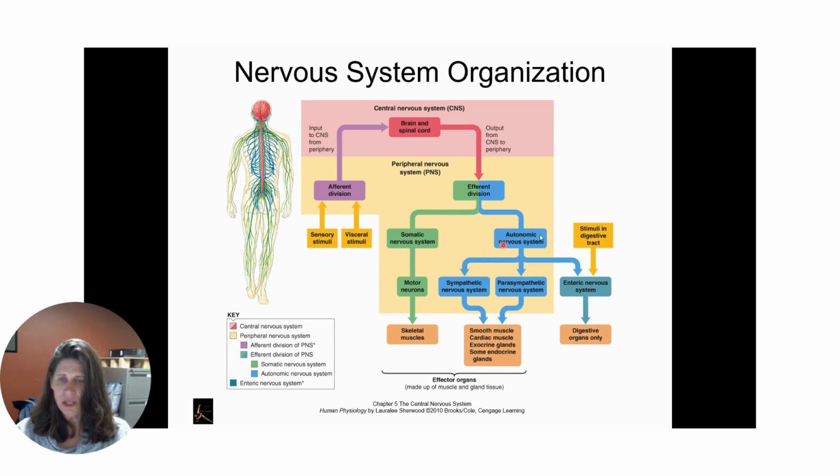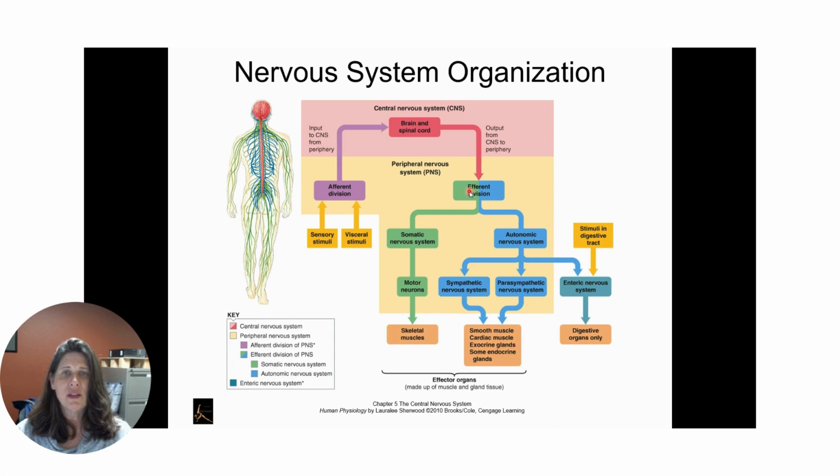So again, just real quick in summary, we've got our central nervous system, which is the brain and the spinal cord. These are the integrators. It receives information via the afferent division, which is our sensory nerves. And we're going to learn in the next video about receptors that stimulate those sensory nerves. The brain and the spinal cord then make decisions and stimulate specific nerves through the efferent division in order to produce a response at the effector organ.